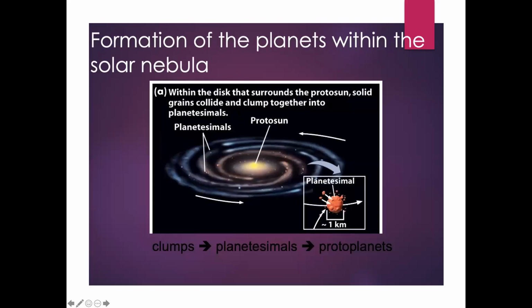As that happens, a couple of things begin to occur. One is it starts to flatten out into a disk, much like when you watch a pizzeria worker create the dough. They take a ball of dough, that's like your gas cloud, and then they start spinning it.